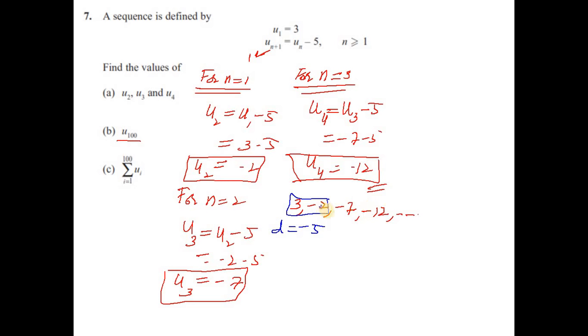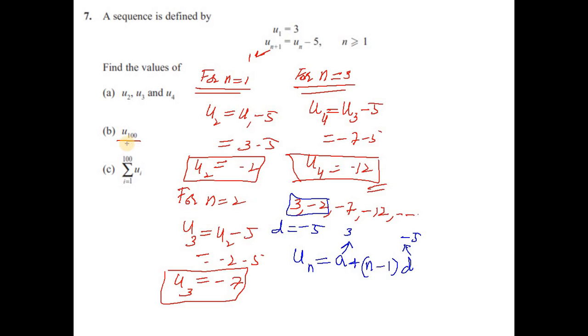That means this is an arithmetic sequence. The nth term of an arithmetic sequence is un is equal to a plus n minus 1 into d. In this case a is the first term, which is 3, and d is the common difference, which is minus 5, and n is the number of the term that we are about to find.